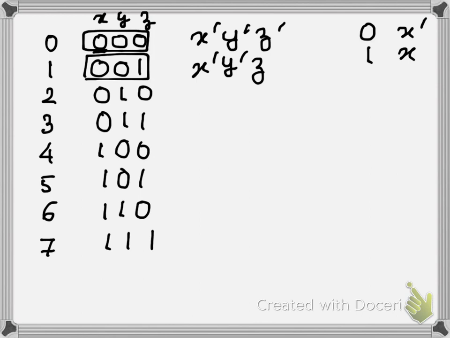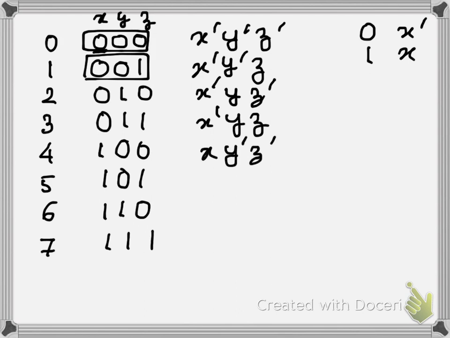Similarly, the third one would be x dash, y, z dash. Number 4 would be x dash, y, z. Then x, y dash, z dash; x, y dash, z; x, y, z dash; and x, y, z.